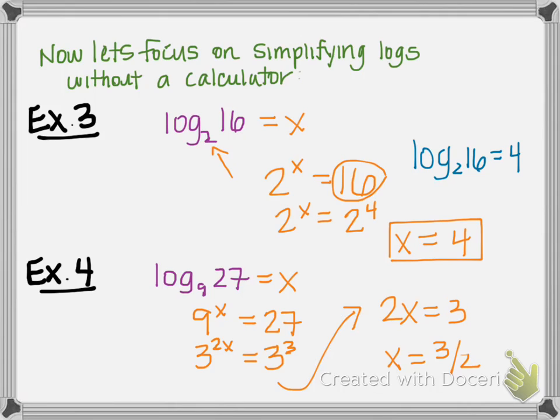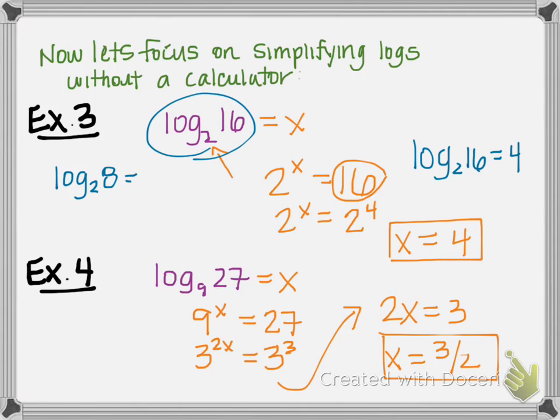Okay, so again, sometimes you can actually simplify without doing this switch to exponential. Once you get more familiar with logs, you can start looking at things like this and simplifying. For instance, just as a little extra example, if I gave you log base 2 of 8, hopefully you'd recognize, well, hey, 2 to what power gives me 8? That's 3. And you don't need to do the work.